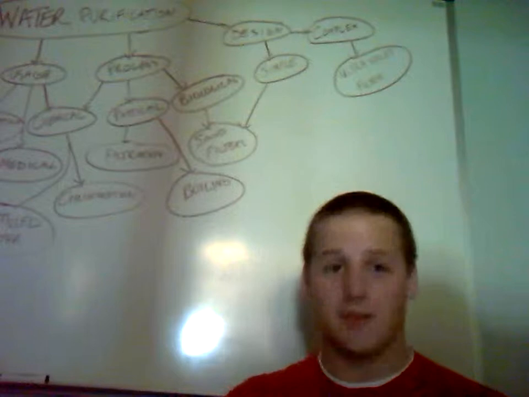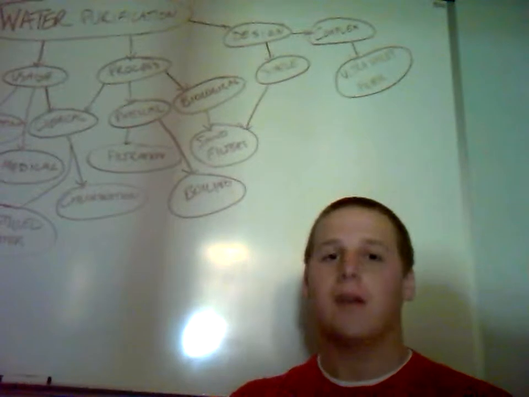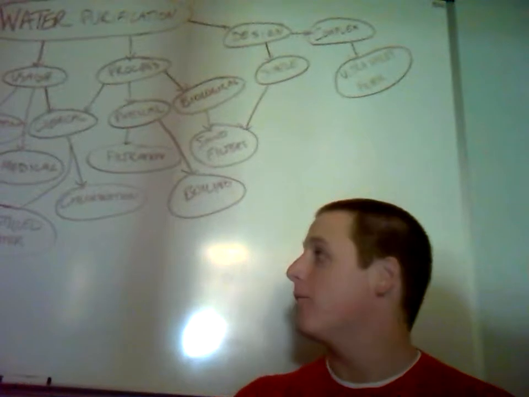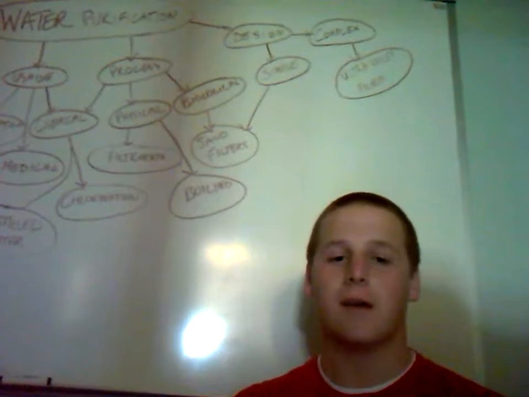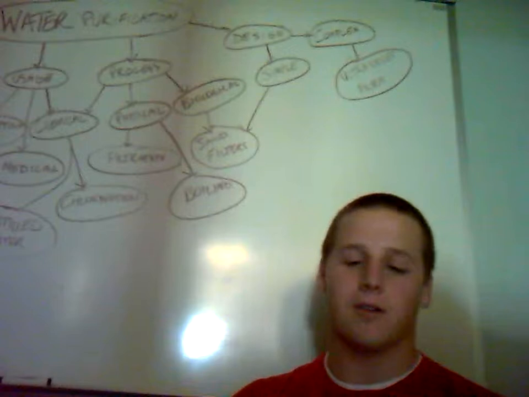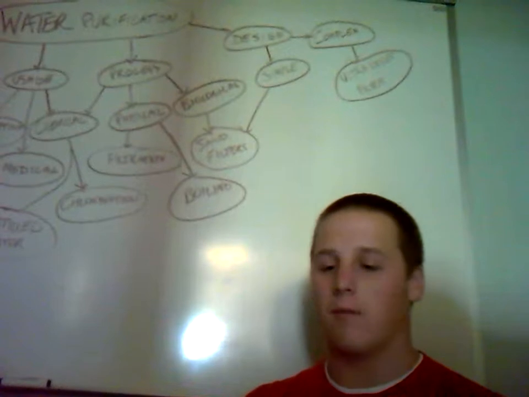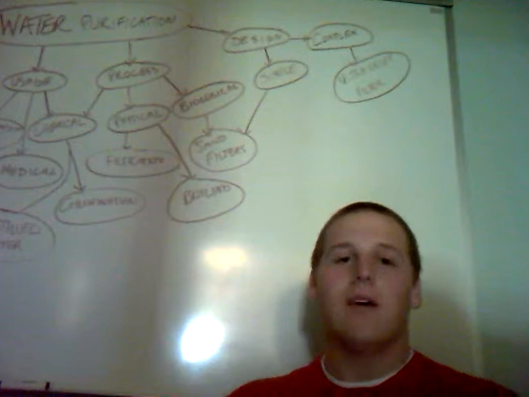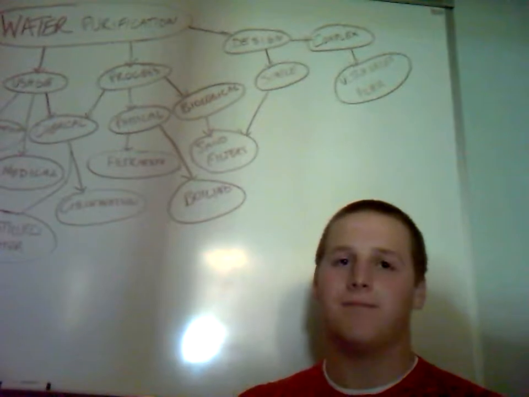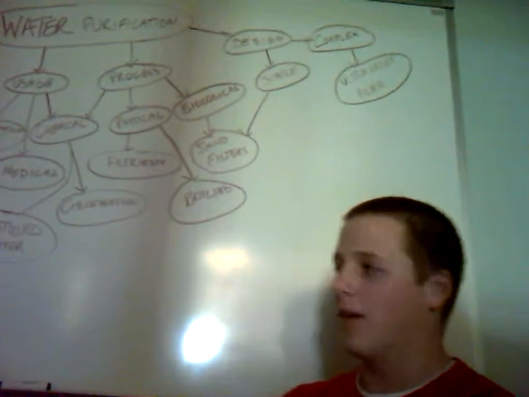Chlorination can also be costly for running a pool, but the basic concept here is that the cost can vary from filter to filter. It's not always a large system, but they do have different types, such as electrical filters and things like that.